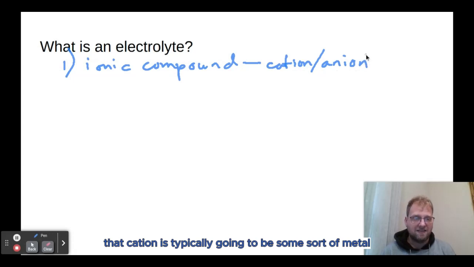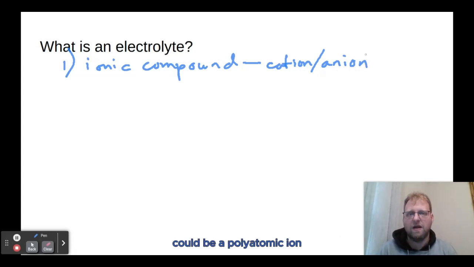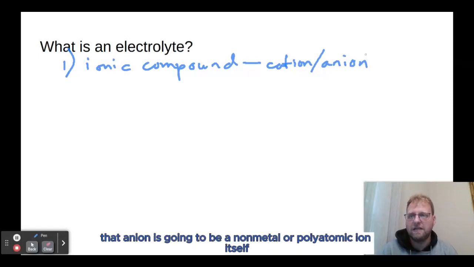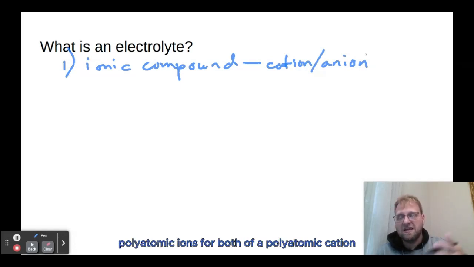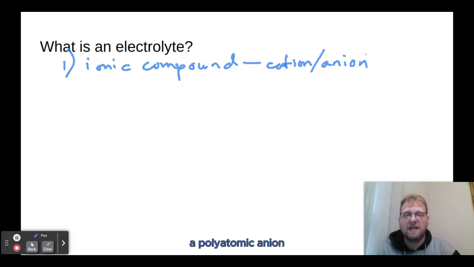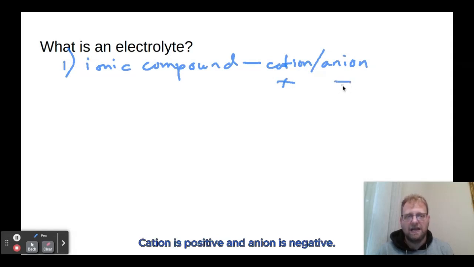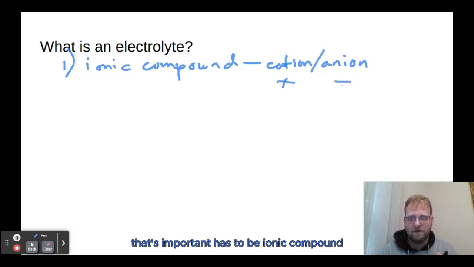That cation is typically going to be some sort of metal, or could be a polyatomic ion. That anion is going to be a non-metal or a polyatomic ion itself. And there are even some combinations where you could have polyatomic ions for both: a polyatomic ion cation and a polyatomic ion anion. Remember, the bottom line is the cation is positive, the anion is negative. That's important. It has to be an ionic compound.